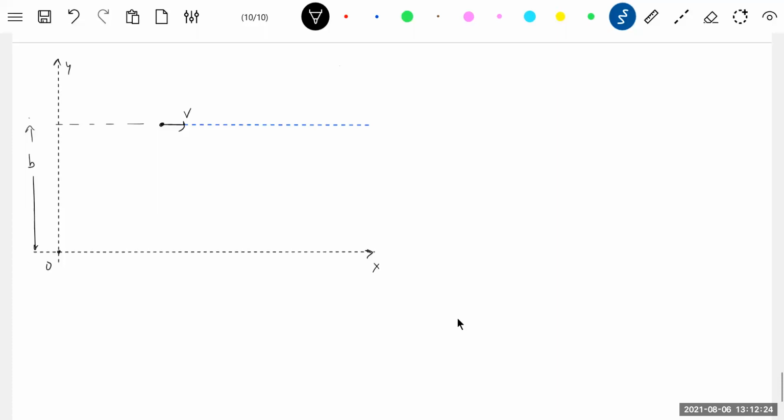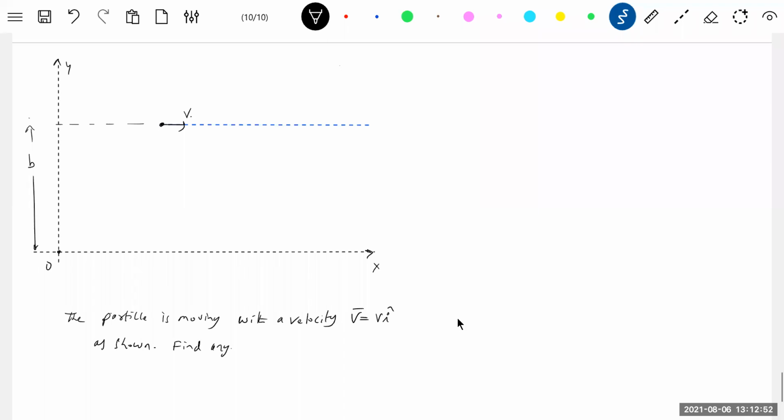So I'll write the question. The particle is moving with a velocity v equal to v i cap, as shown.